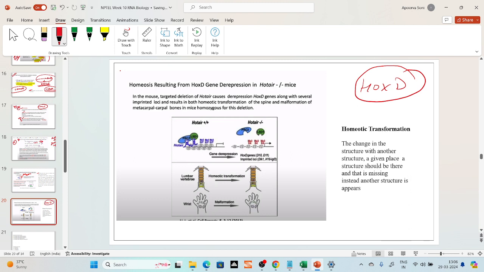But what happens if this HOTAIR is mutated or knocked out? Then what will happen? Tell me. What is HOTAIR? HOTAIR is a long non-coding RNA. If this long non-coding RNA is knocked out, then what will happen?